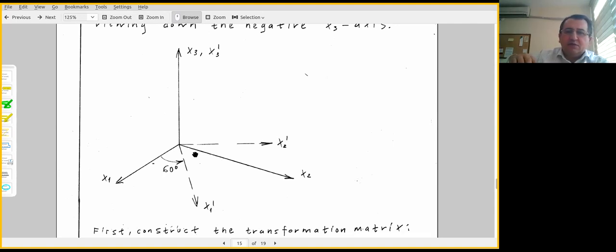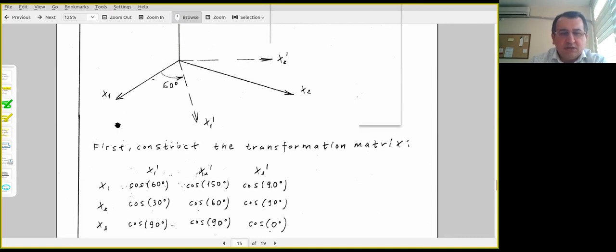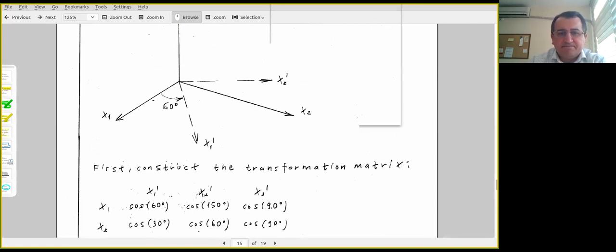The other elements. That's right, cosine 90. 1 over 2, minus square root of 3 over 2, and 0. That's the first row. And the other elements are written in a similar way.